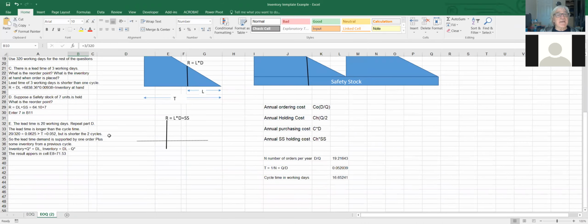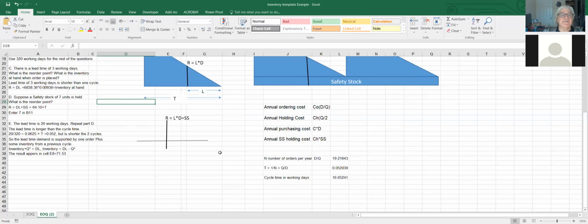So the lead time demand is the demand during 0.009 of a year. So you multiply them to find what it is. The reorder point is the lead time demand, the demand times 0.009, and this is the inventory at hand when you place your order.